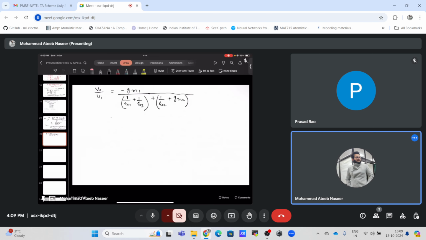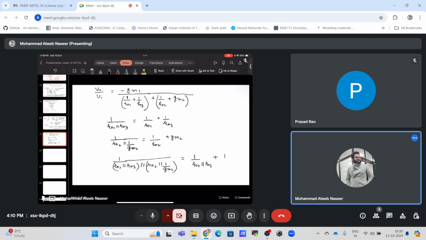We can clearly see that 1 by R01 parallel R03 is simply 1 by R01 plus 1 by R03, and R02 parallel 1 by GM2 is 1 by R02 plus GM2, and these in parallel simply give the combined expression.